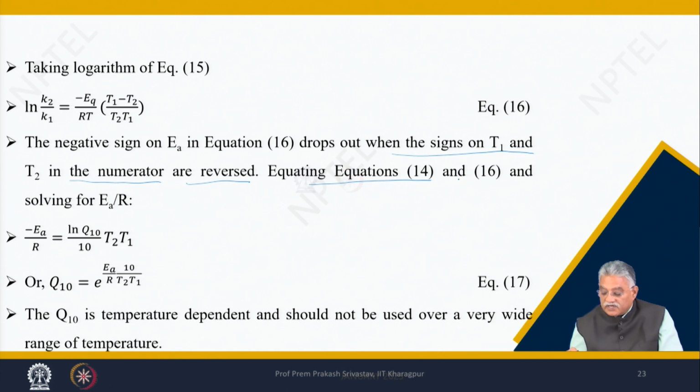Equating equation 14 and 16 and solving for EA by R, EA by R is equal to natural log of Q10 by 10 into T2 into T1, or Q10 is equal to e to the power EA by R into 10 by (T2 into T1). The Q10 is temperature dependent and should not be used over a wide range of temperature.